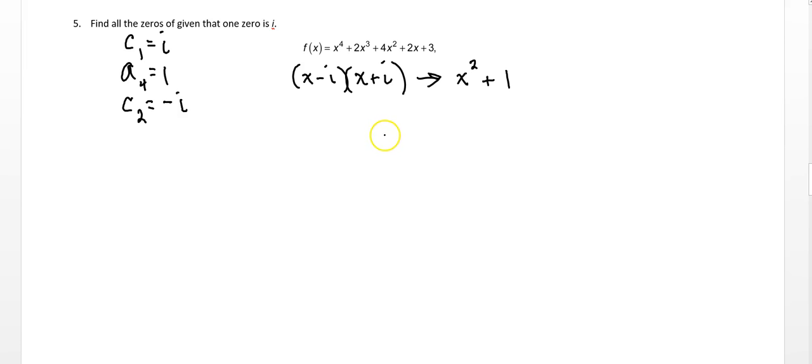Based on what we learned in 4.3, we can now use that to break this f of x down even more. And we're going to do that with long division. We can't use synthetic division in this case because we don't have a linear divisor.